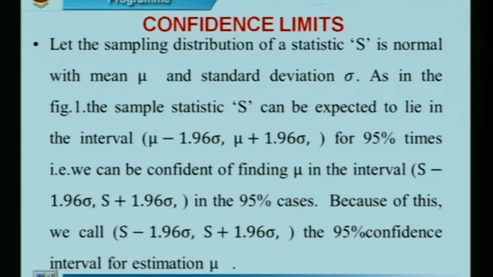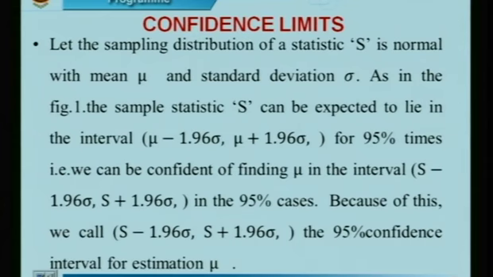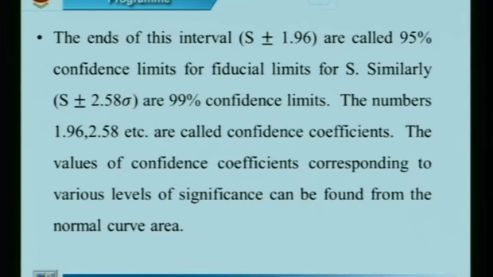Similarly, another result we can declare is 2.58: first one is mu plus or minus 1.96 sigma, and the other one is S plus or minus 2.58 sigma.